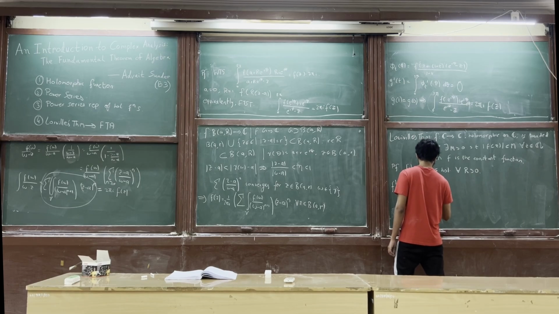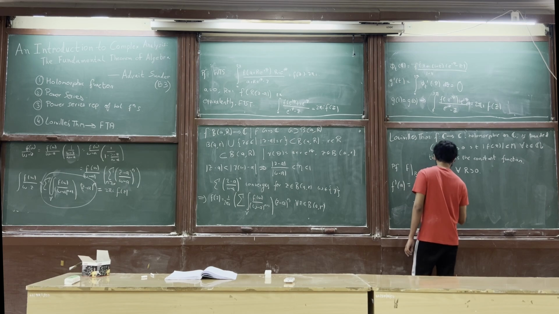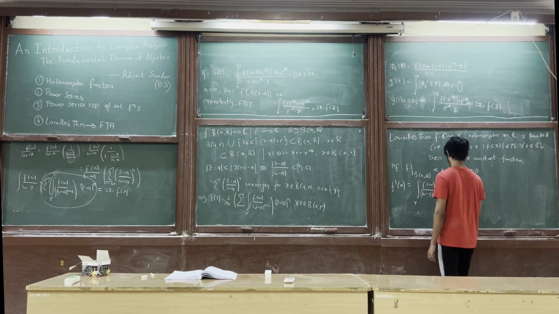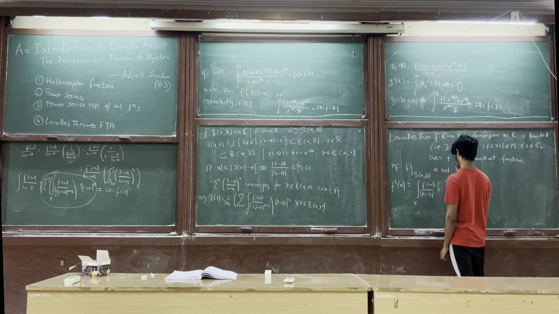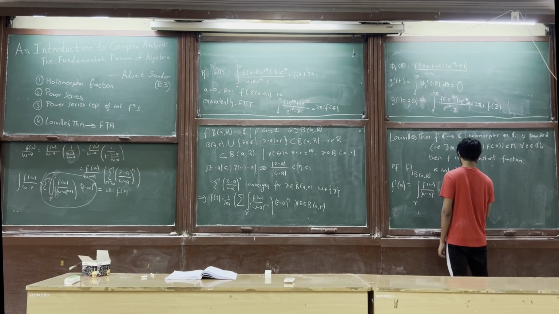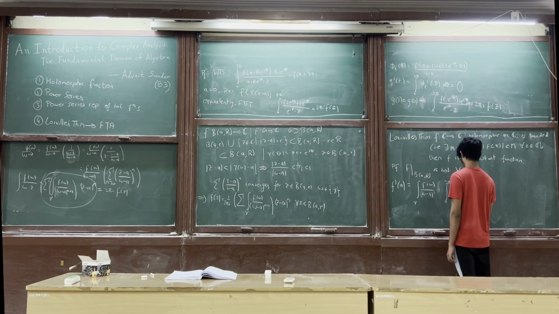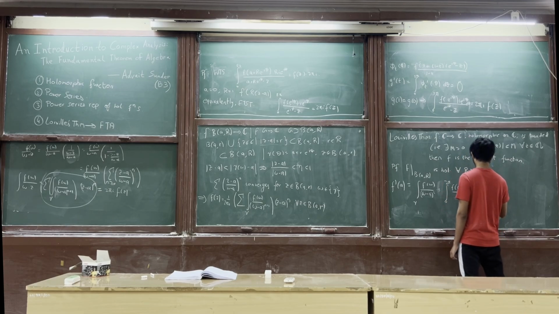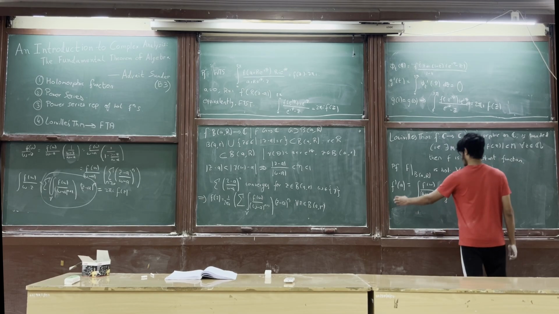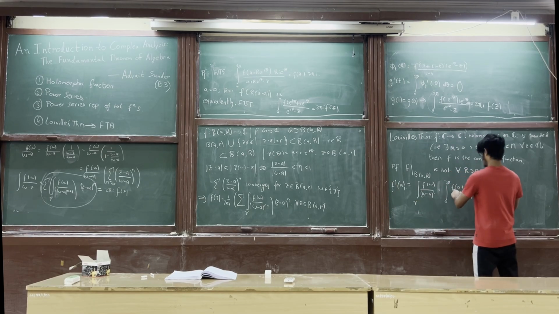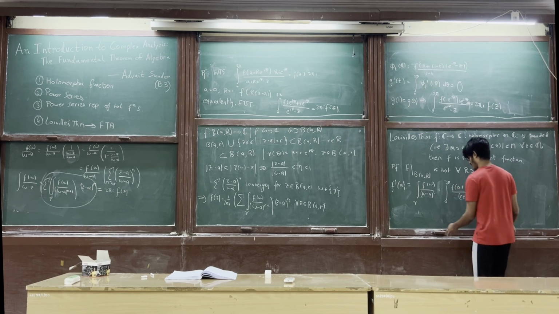So we get f prime of a to be the integral of f of w over w minus a squared, which is equal to the integral from 0 to pi of f of a plus r e to the i theta over r e to the i theta. Then you can automatically get a bound on this.